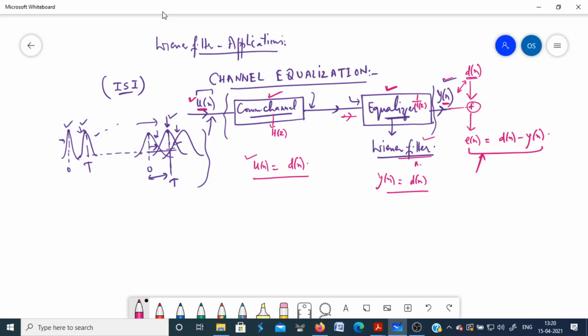So how can you do that? Let us suppose that this equalizer is nothing but a filter with some filter coefficients. Okay, and we assume that it is a symmetric filter of order 2n plus 1.